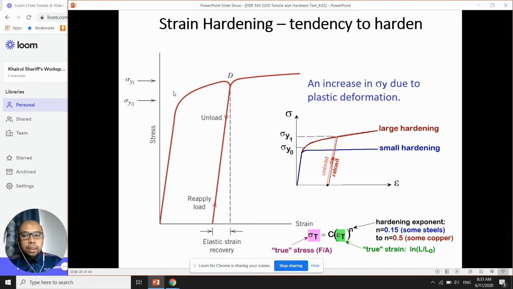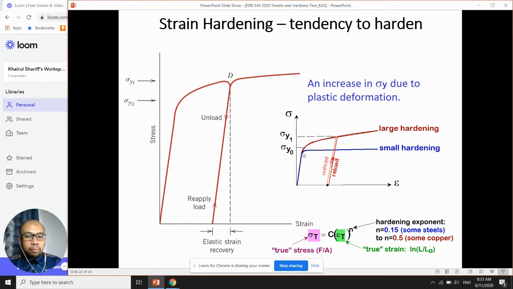You can learn from this graph. We have two examples here, the blue and the red. You can see the difference. As I mentioned, strain hardening occurs in the plastic region.